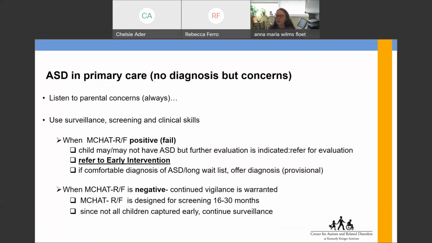And this is truly what surveillance in development involves: asking questions. Do you have concerns about your child's development? If so, delve into more detail as to what those specific concerns are, but also really using our clinical skills, even when parents do not bring concerns to us.